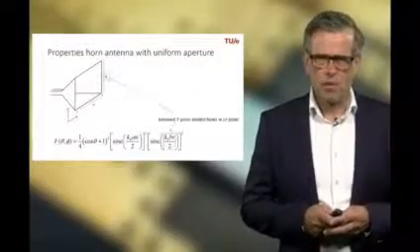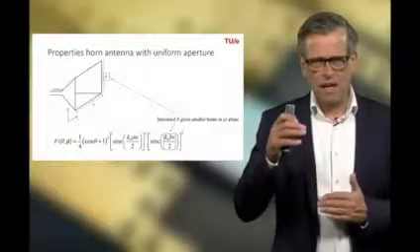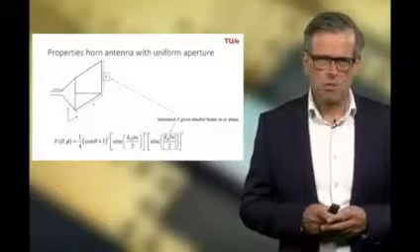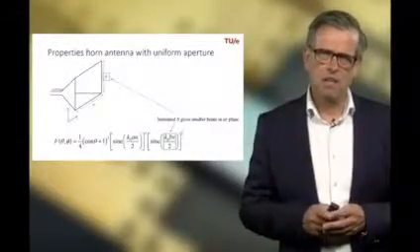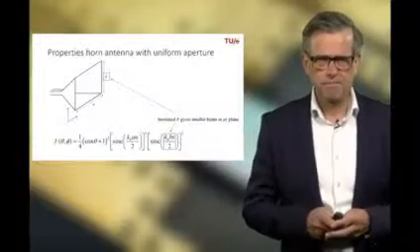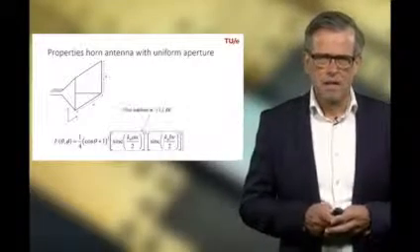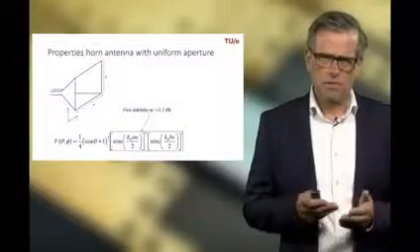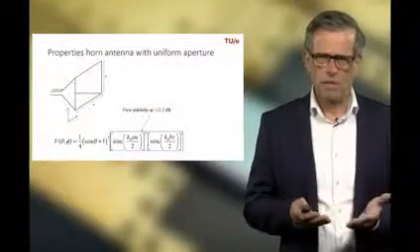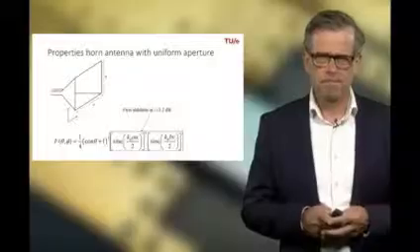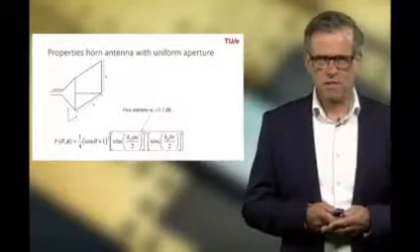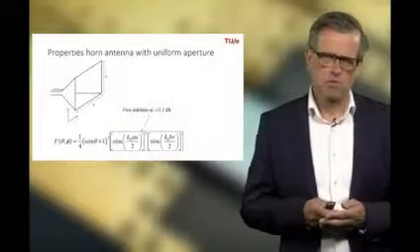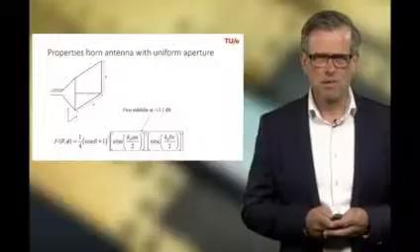In a similar way, if we increase the height B, we get a smaller beam in the vertical plane, so in the YZ plane. And also due to the properties of the sinc function, the first side lobe will occur at minus 13.2 dB. So that's a strict result of the choice of our model to have a uniform aperture.